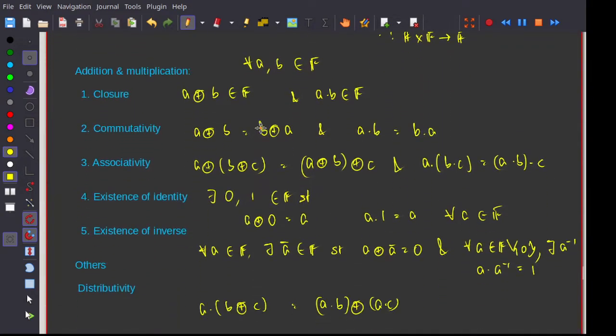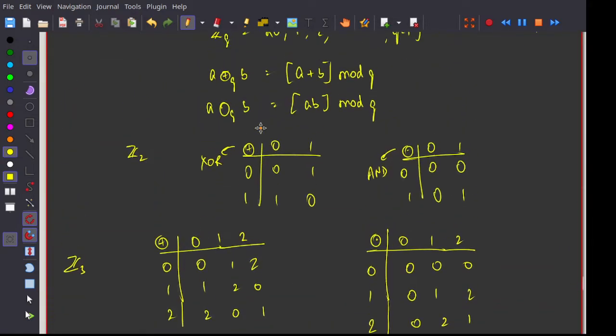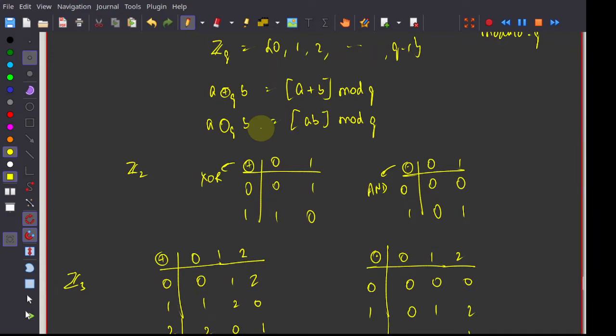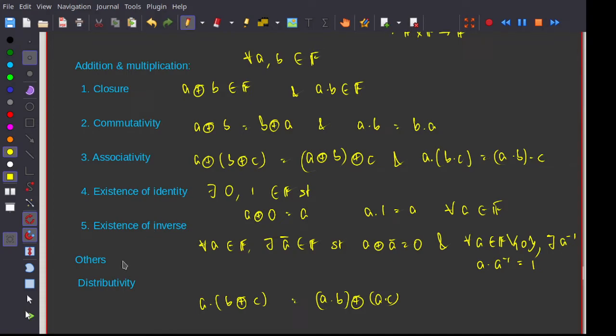What else? So does there always exist an identity, additive and multiplicative identity? So 0, no matter what q is, 0 is always the additive identity and 1 is always a multiplicative identity. Okay. So is it distributive?